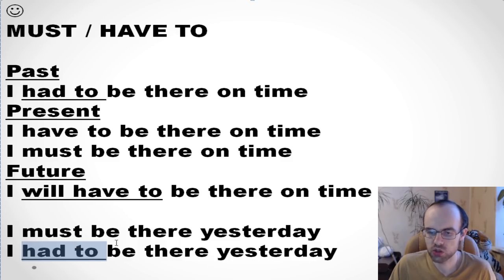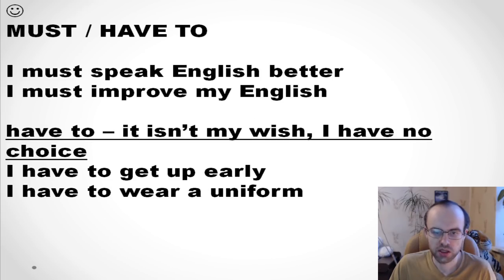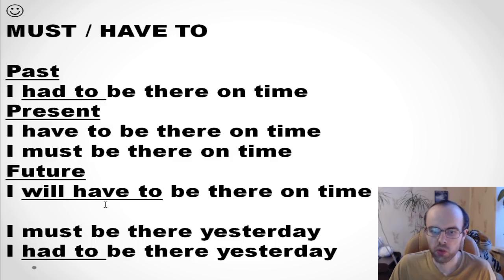Had to. I had to be there yesterday. Good. So you see that if we look at can, we use will be able to. And if we look at must, we use will have to, talking about the future. Good.